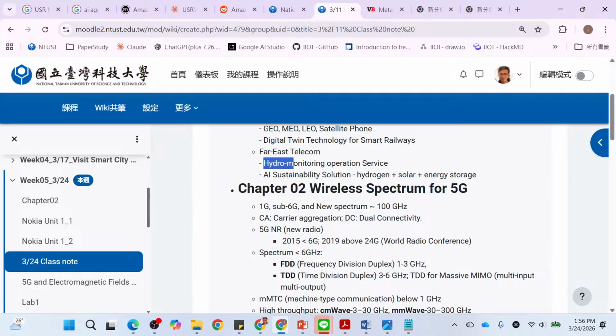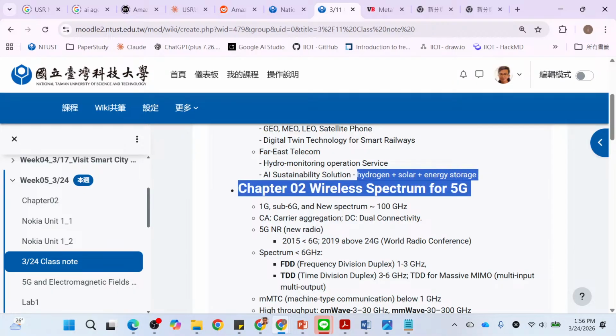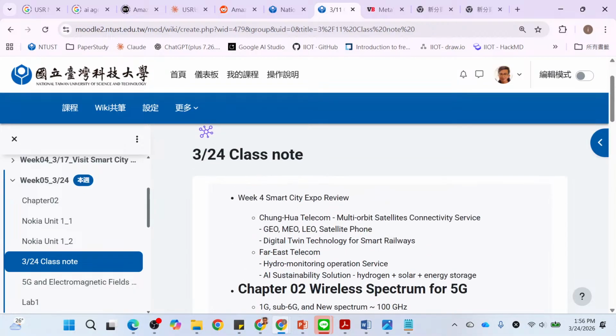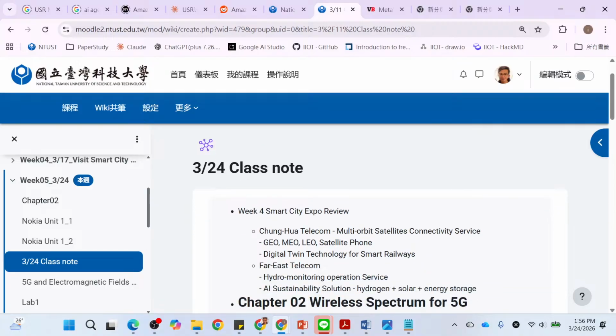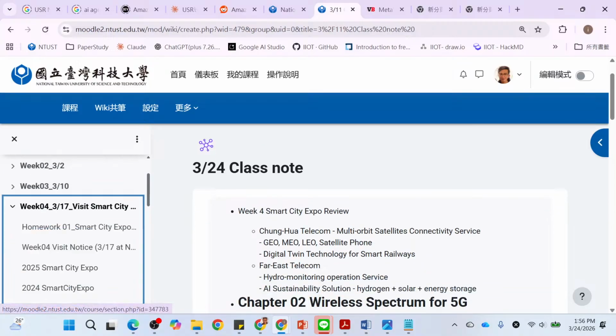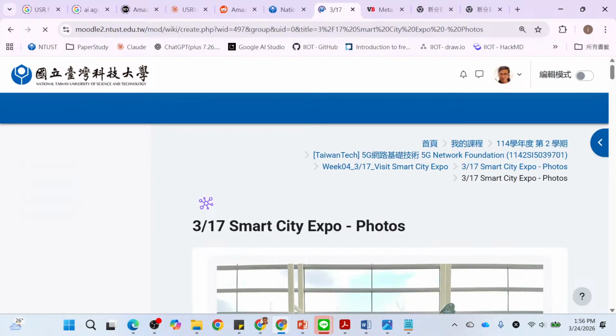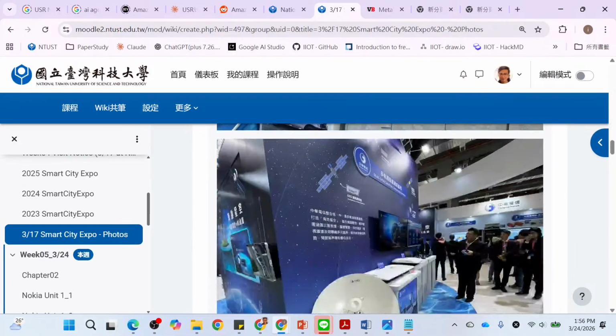And also Far East Telecom demonstrated the hydro monitor operation service and also AI sustainability solution for hydrogen, solar, and energy storage. Okay, so that's what we have been seeing.